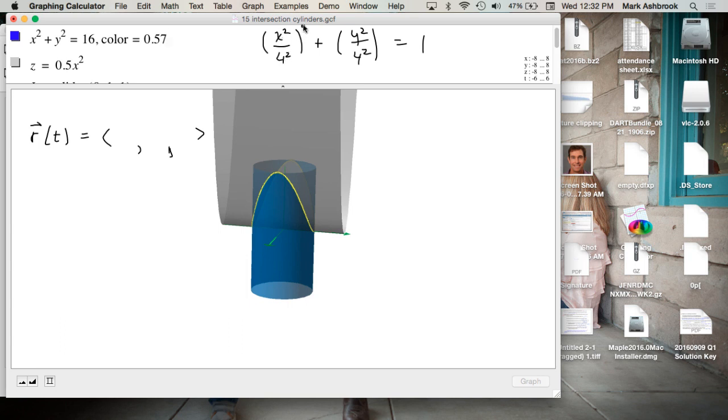So now cosine t is x over 4, which means x is 4 cosine t. And y is 4 sine t. So z is 1/2 of 4 cosine t squared. That's the parametric version of that yellow curve.